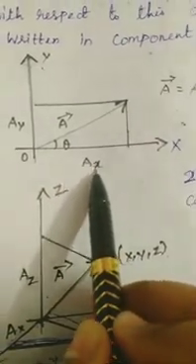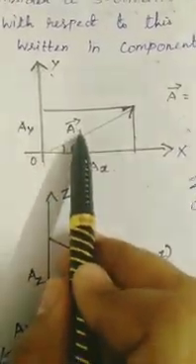Now let us see cos theta. So cos theta is equal to adjacent by hypotenuse. So here which one is adjacent? Ax. So ax is adjacent and which one is hypotenuse? Vector a. So ax by a.